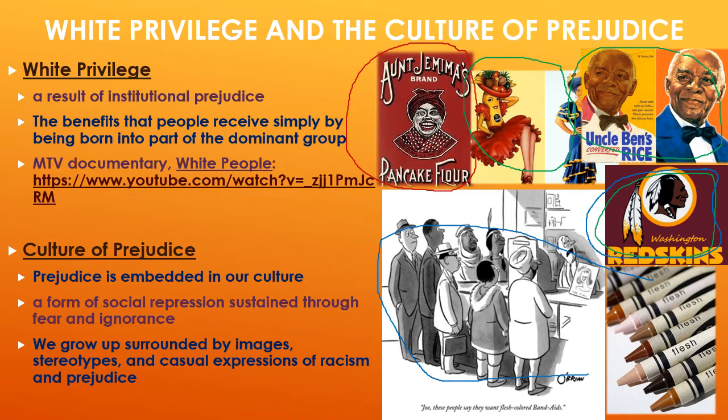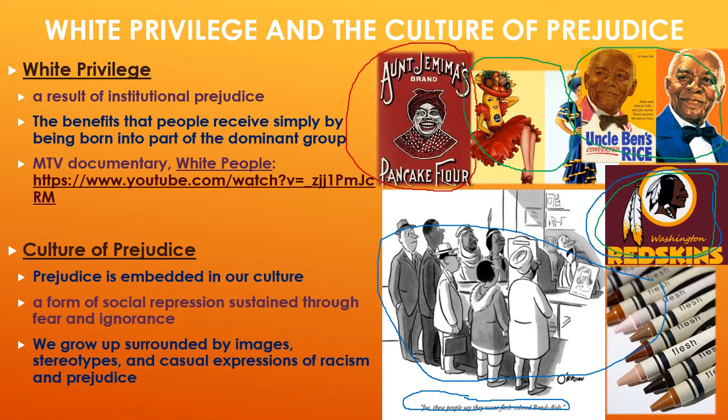There are all these people of different races at this counter, and the employee is saying, "Joe, these people say they want flesh-colored Band-Aids." So it's pointing out that Band-Aids are made for white people, the color of them. And yet it's supposed to blend into your flesh. But what if you are not a white person? That's not blending into your flesh.